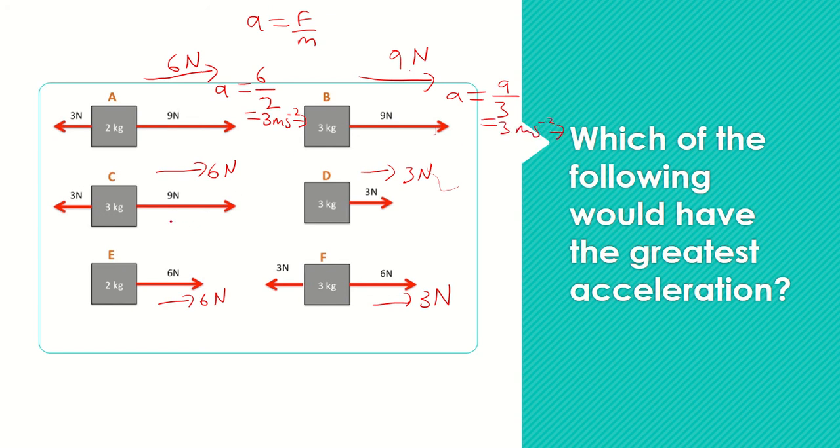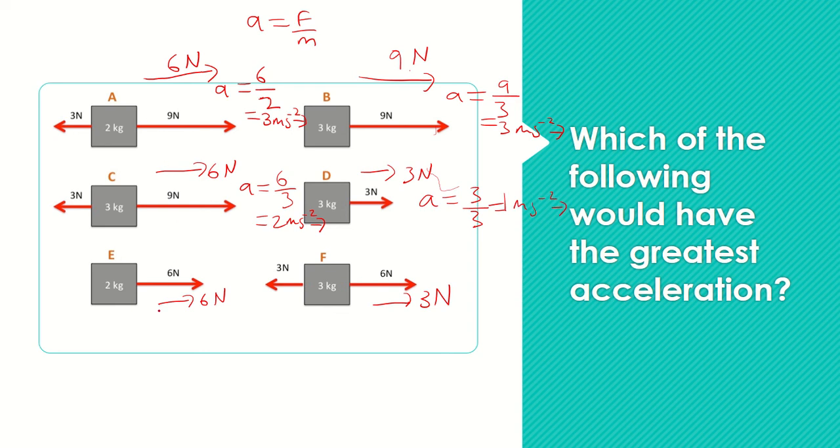This one would be acceleration equals 6 over 3, so it would be 2 meters per second squared to the right. This one would be a 3 newton force, so the acceleration would be 3 newtons over 3 kilos, so it would only be 1 meter per second squared to the right.